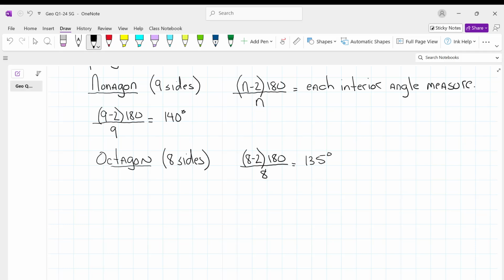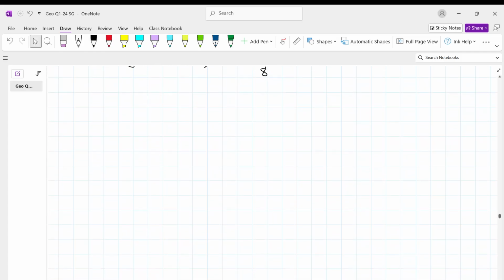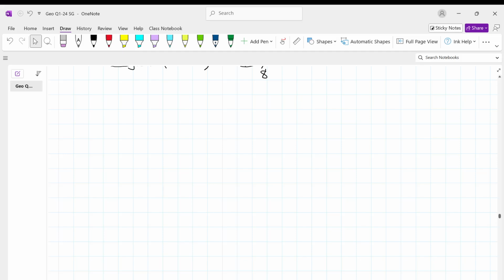Then the second part of your assignment today, you're going to be told the measure of an interior angle of a regular polygon is given.